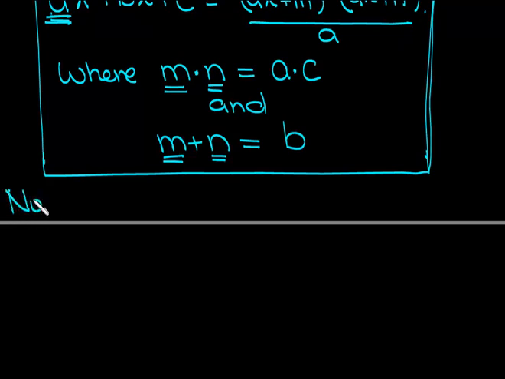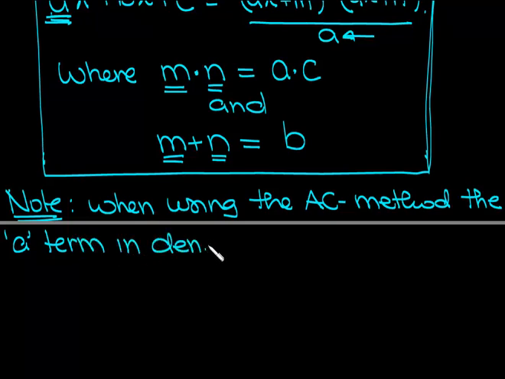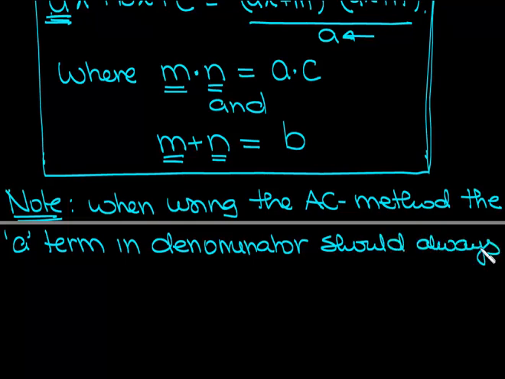Just one other thing before I move on. Note, when using the AC method, the a term in the denominator should always cancel.